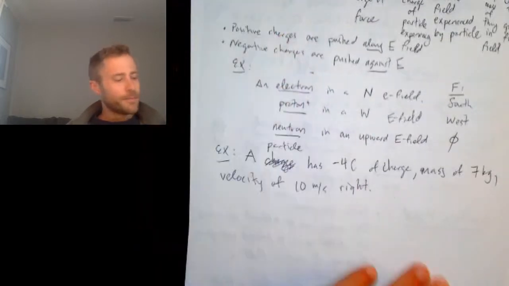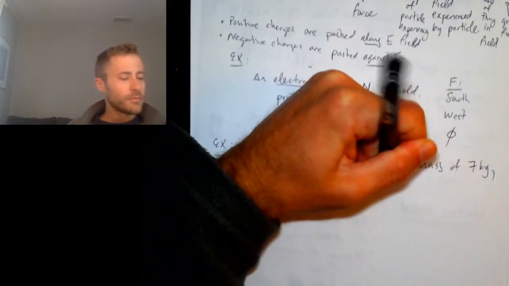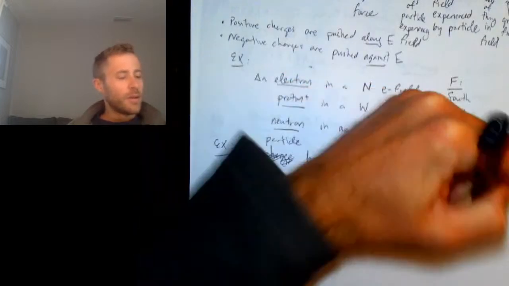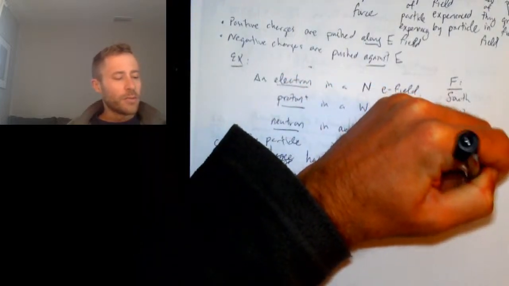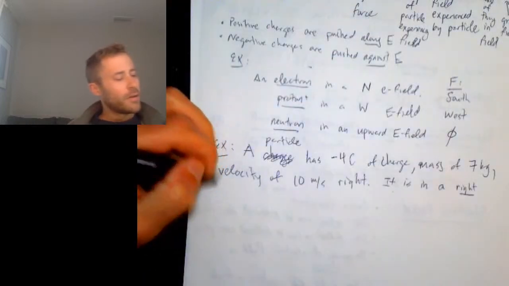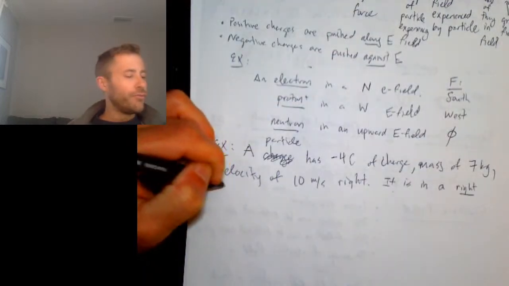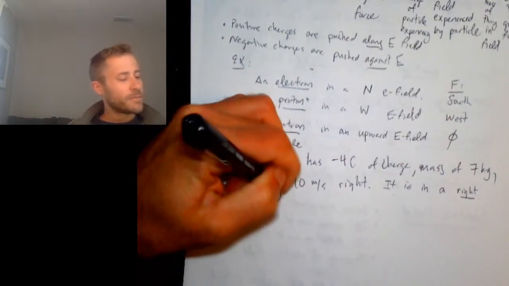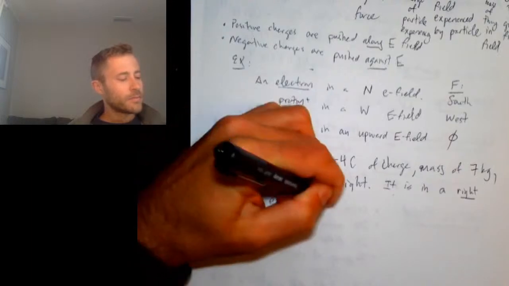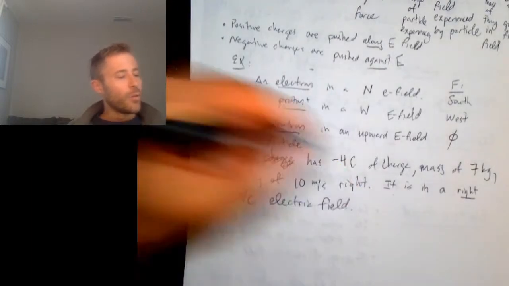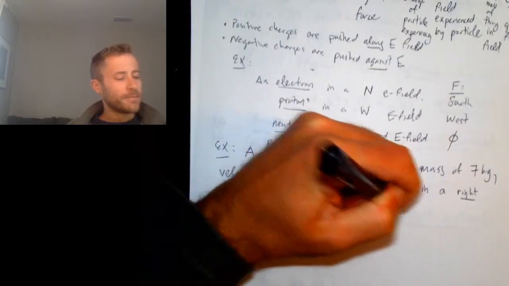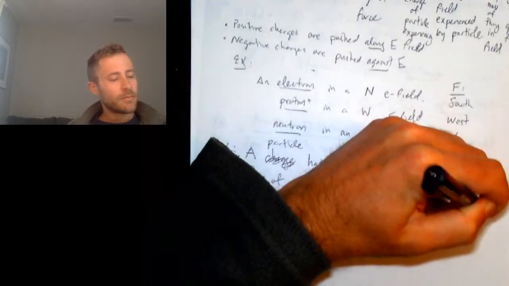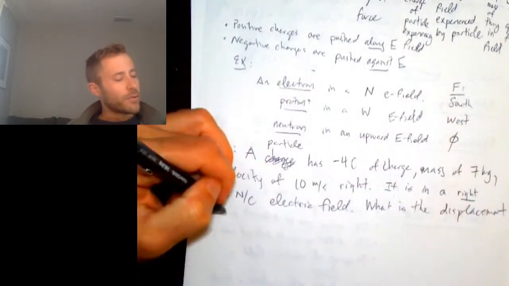It is in a rightward, let's say, 5 newtons per coulomb electric field. What is the displacement of the particle after 3 seconds?